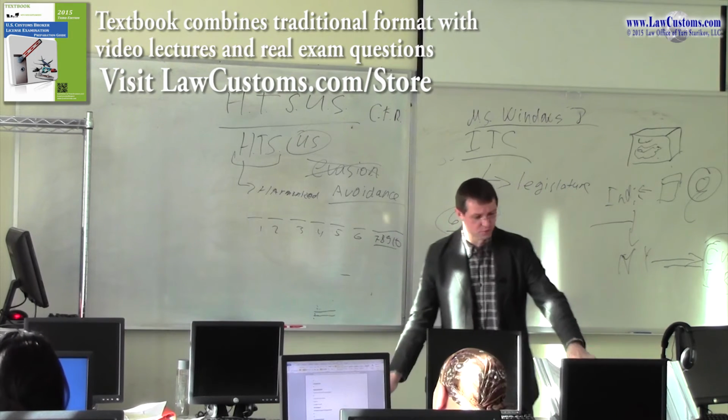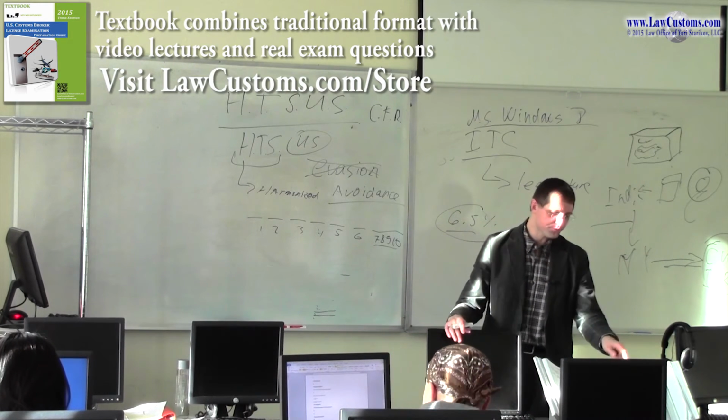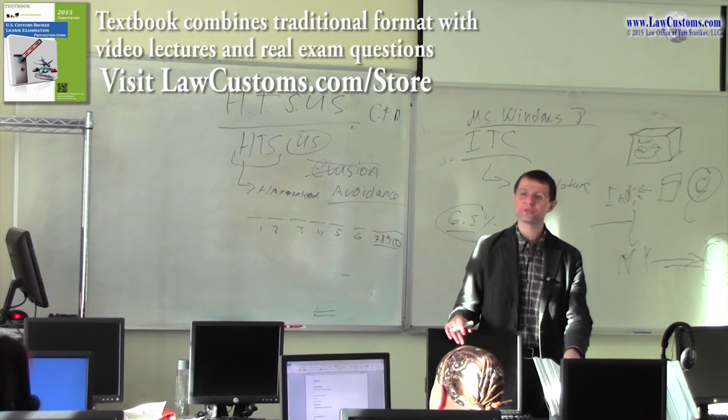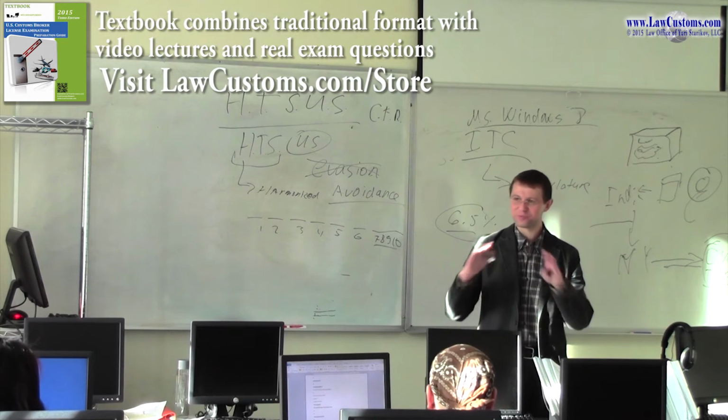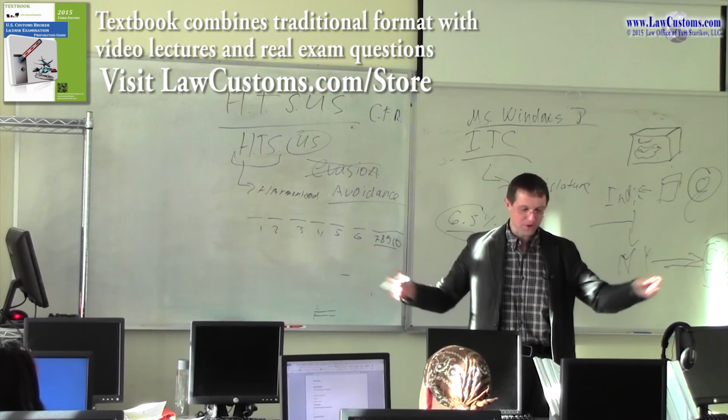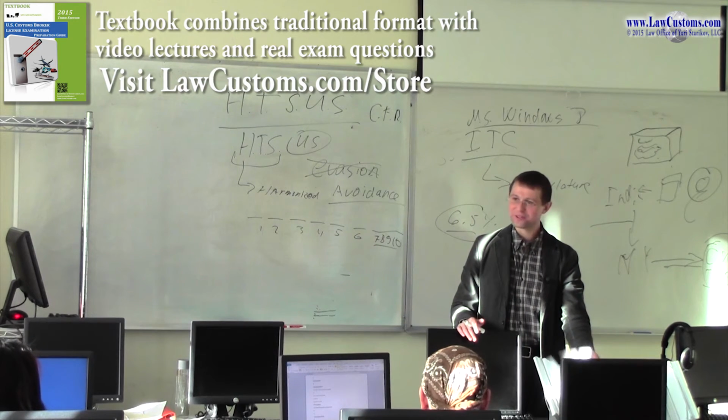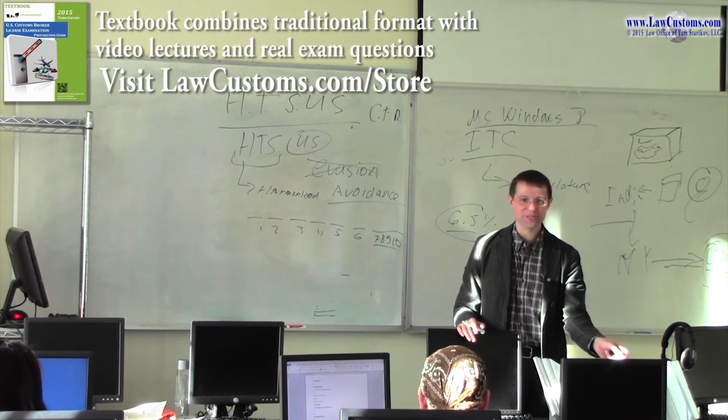So let me jump back to HTS. How many of you have been to Walmart or Home Depot or many of the big department stores lately? Have you seen many things? This is why the book is so big, because it tries to cover many things.